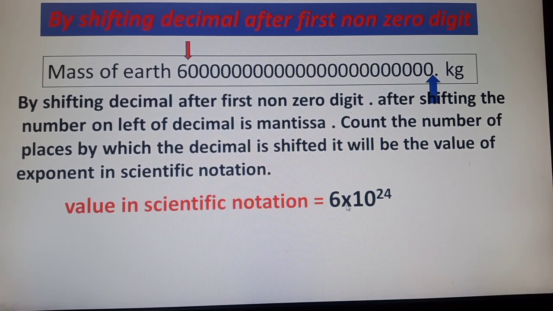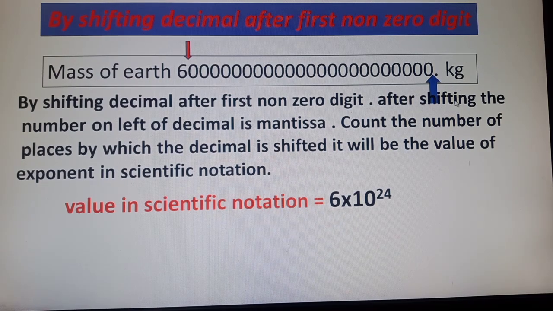How did we achieve it? Now again, look at the position of the decimal. It is at the end. We will shift it from this position to this red position, that is after the first non-zero digit. Now calculate the number of positions by which the decimal was shifted: 1, 2, 3, 4, 5, 6, 7, 8, 9, 10, 11, 12 and so on. So it is 24.